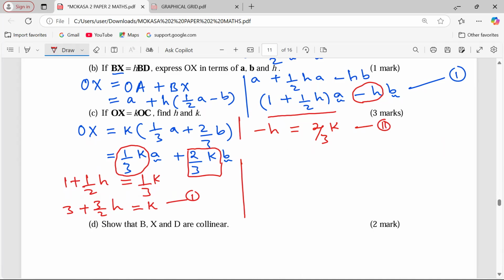The two equations can now be solved simultaneously for us to get the value of K and H.